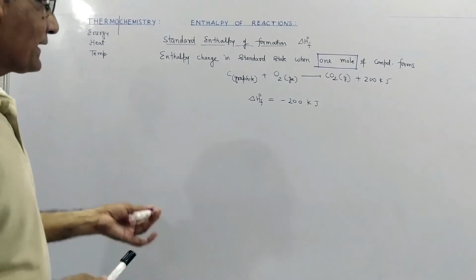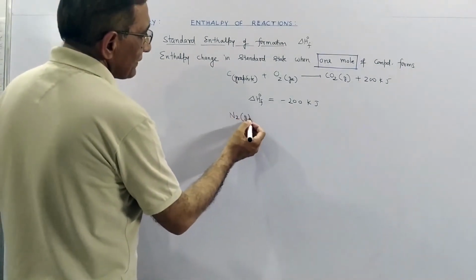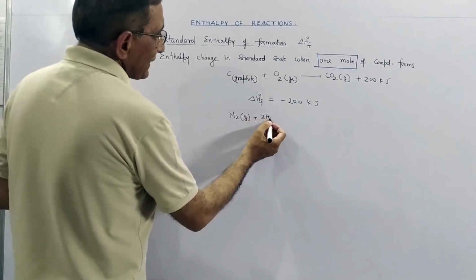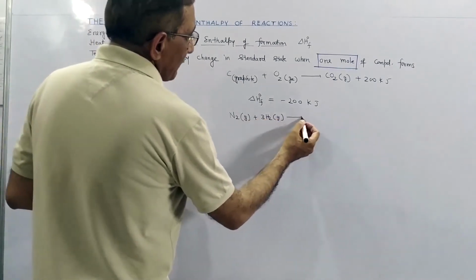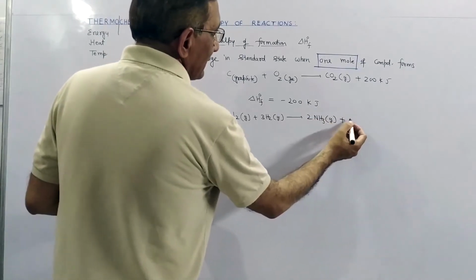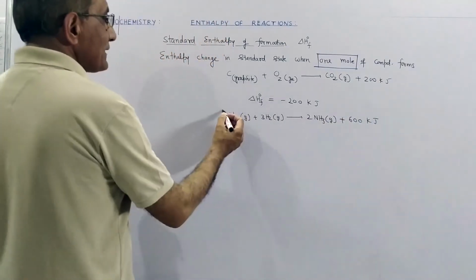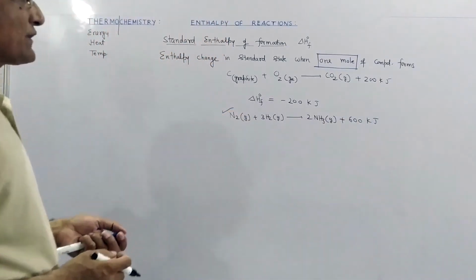Now suppose I take the example here, N2 gas plus 3H2 gas, forming ammonia gas, and the enthalpy change is 600 kilojoule, and this reaction is taking place in standard state.